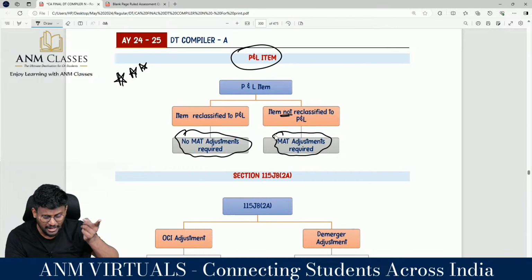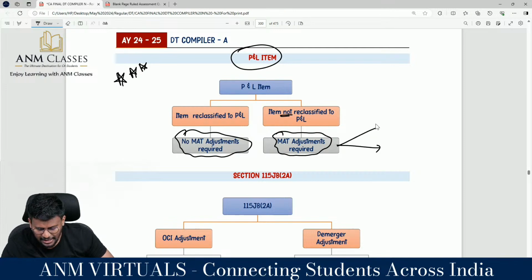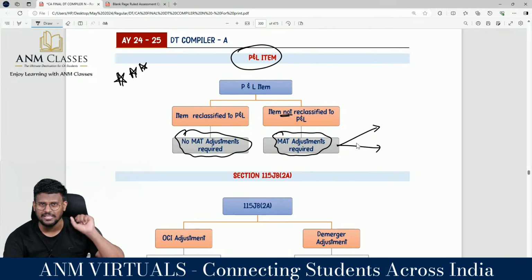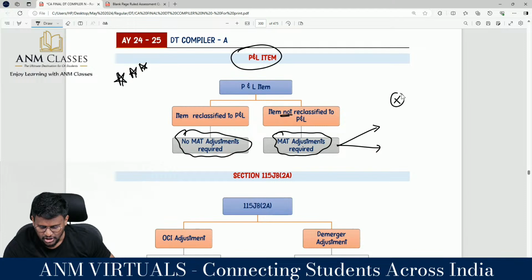For that, we are having exceptions. Number one, this MAT adjustment requirement has two exceptions. For two things you need not make a MAT adjustment. Number one, with regard to the asset, revaluation surplus of any asset.